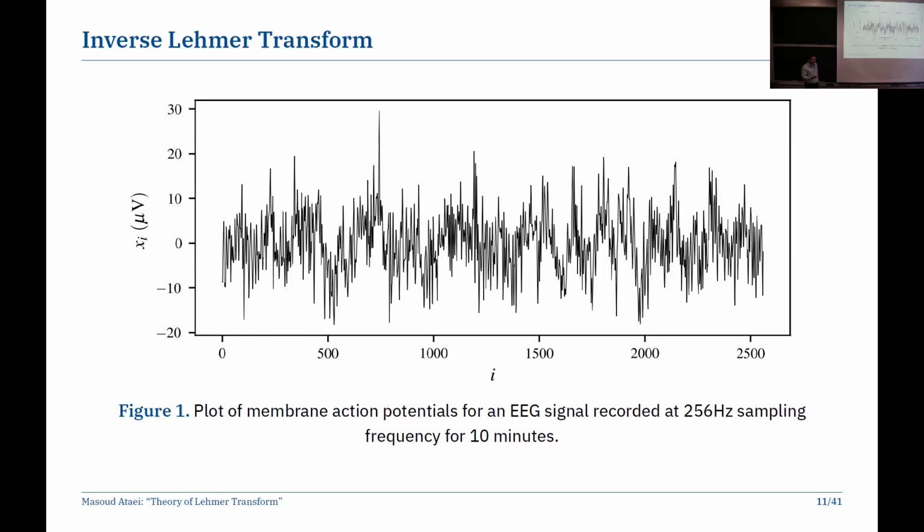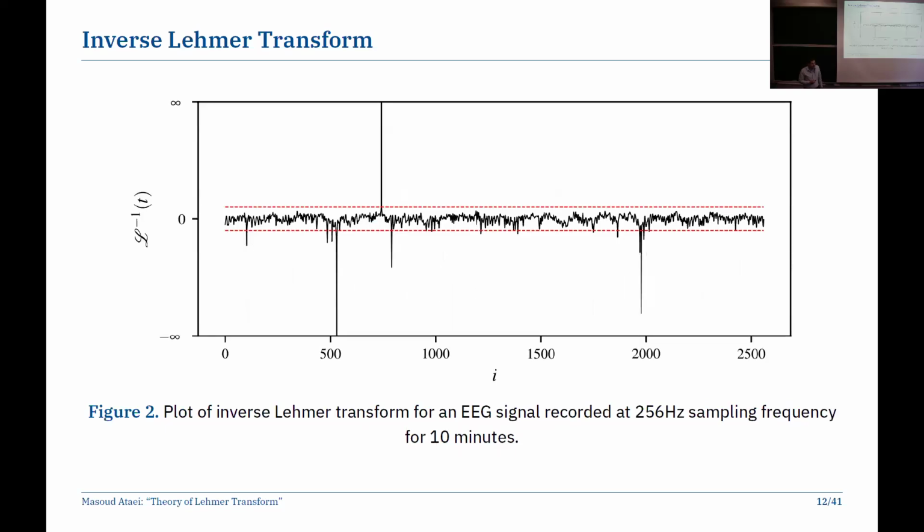So these are the signatures of complex cortical dynamics during cognitive states. Here we see the inverse Lehmer transform applied to the signal. What is interesting to observe is emergence of a narrow band within which most of the solvency moments fall.